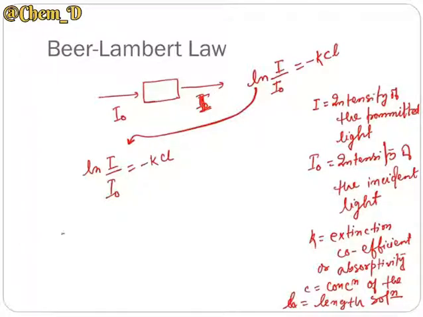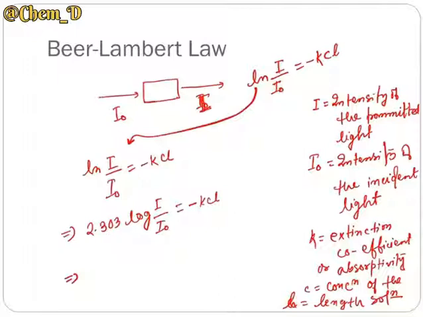Now, if we convert it into normal log, we know that 2.303 will be multiplied into log I by I0, and that is equal to minus KCL.